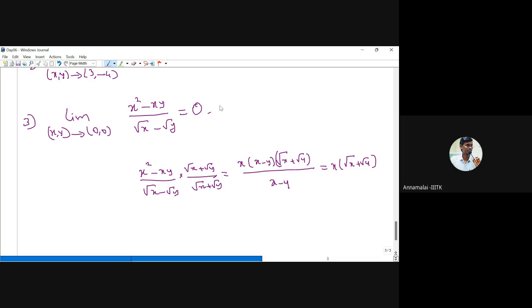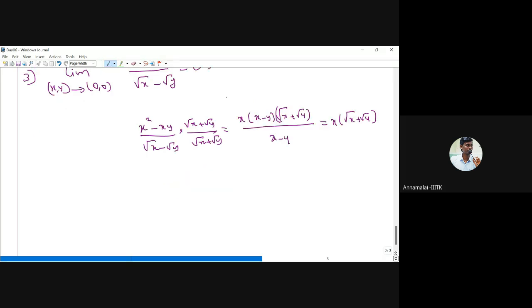Okay, good. Now, when we say a function is continuous at a point, so this was the limit of your function at a point. Next, we discuss what is a continuous function.